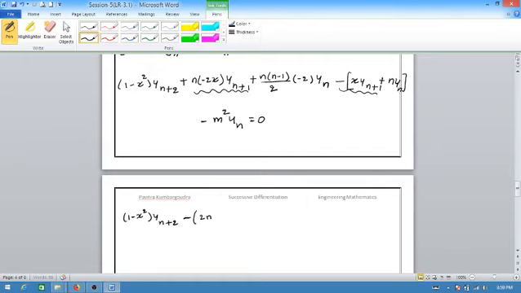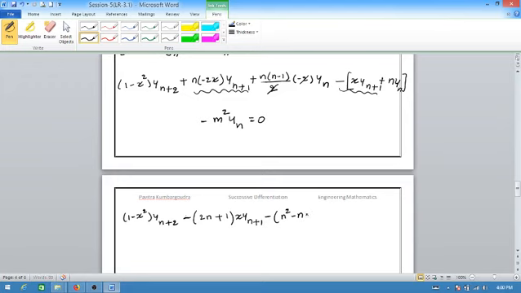In the second term it is plus 1 x into yn plus 1. Right. So here 2 get cancelled. All are negative here. So take minus n also common. Minus. Then the first term n into n is n square minus n.